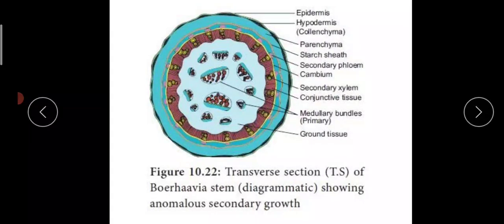In the third ring of vascular bundles, the interfascicular and intrafascicular cambium join to form a cambial ring, and this cambial ring produces secondary xylem to the inner side and secondary phloem to the outer side.